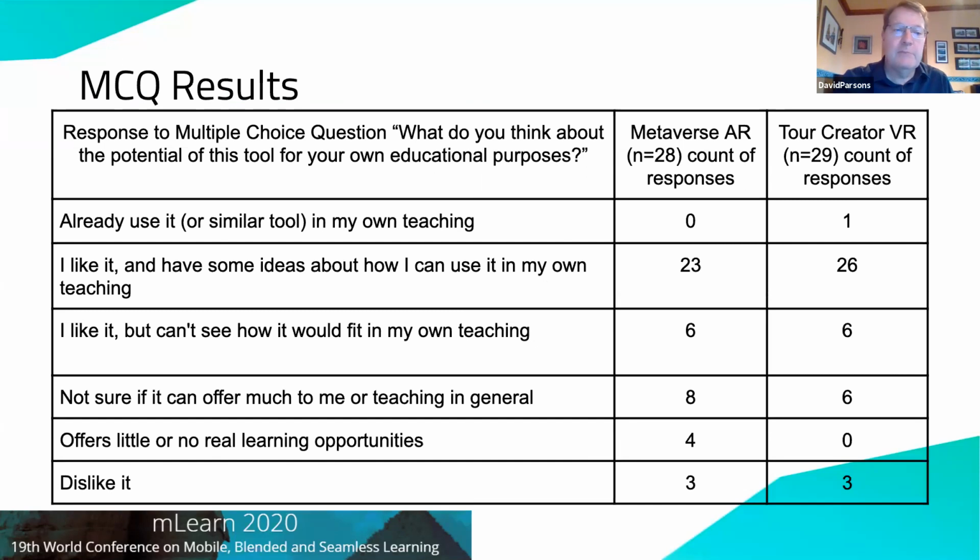So we only have one multiple choice question, which was, what do you think about the potential of this tool for your own educational purposes? And then the various responses were, as you can see, those questions. And again, we didn't really see much of any significance, but you'll notice that nobody looked at VR and thought that it didn't offer any opportunities, but there was some confusion around the augmented reality, and 4 of our participants couldn't see any real value for it.